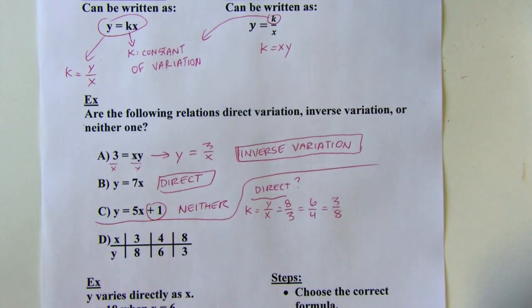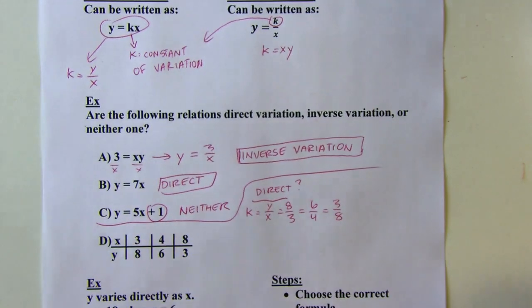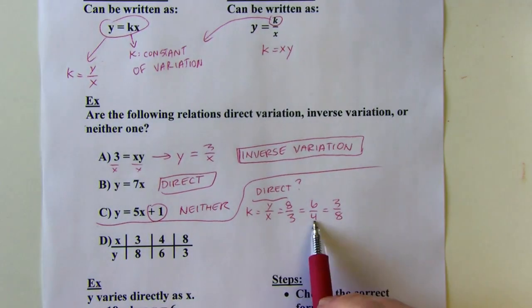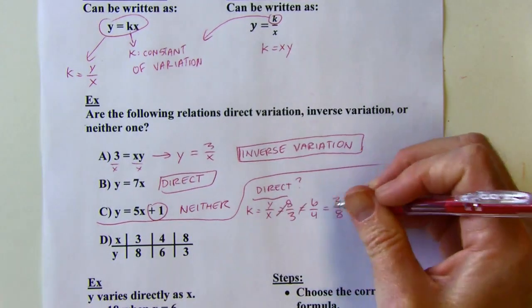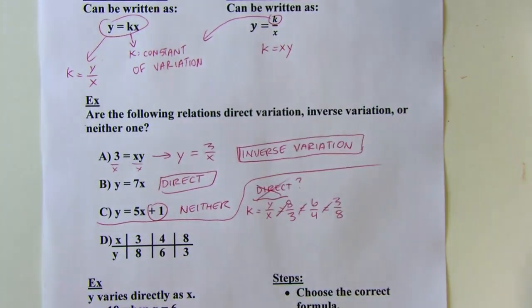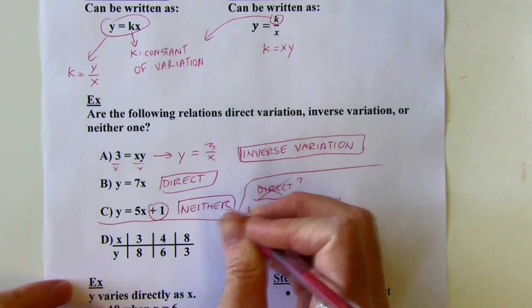And I want to ask myself, are those really all equal? And they're not, right? This one's not reduced, but the other two are reduced. And I can see these are not equal to each other. So it's not going to be direct variation. And that doesn't necessarily mean it's going to be inverse. It could still be neither, right? Because I've got 3 options.